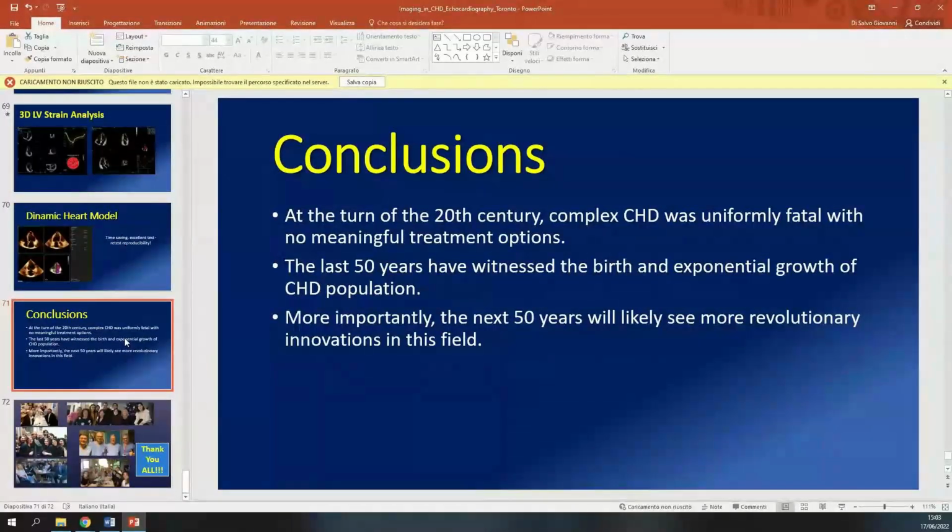So I have to say that I use LV strain almost routinely in my patients, provided that we get a good 2D image quality. Bullseye is something fast, eye-catching, and simple. But I will also recommend, instead of looking at the numbers, to look at the shape of the curves.